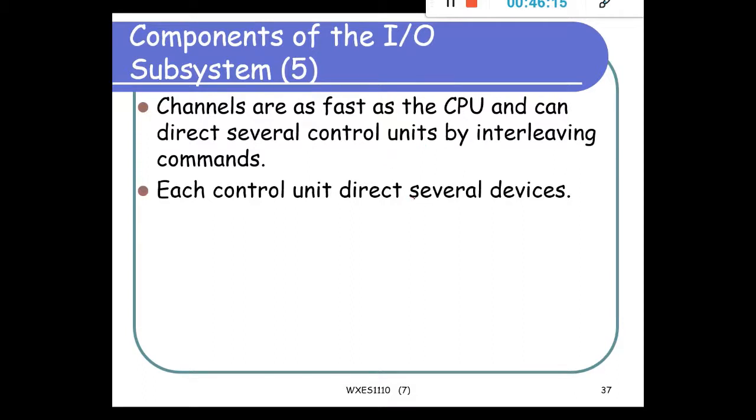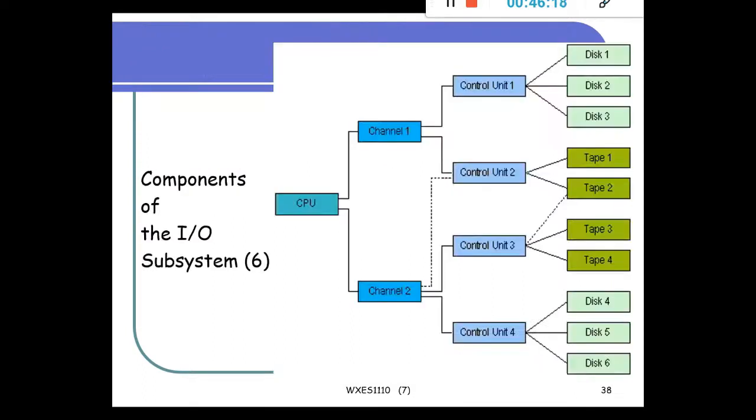Each control unit directs several devices. This is the example diagram. Channel 1 connects to control unit 1 and control unit 2. Channel 2 can also manage control unit 2. Control unit 3 can also manage tape number 2, which is also managed by control unit number 2.